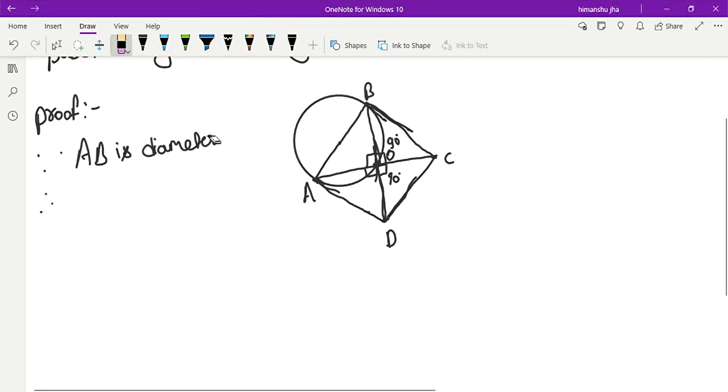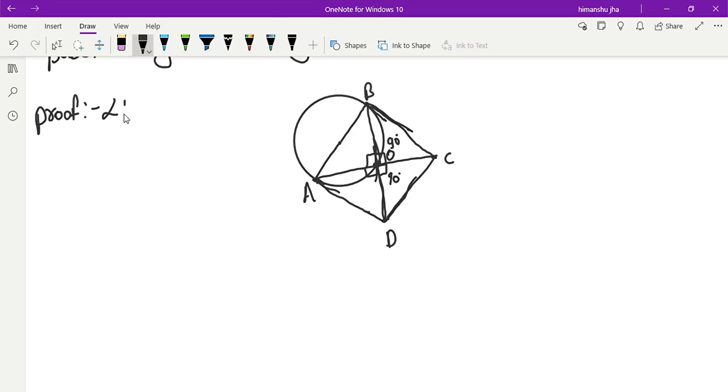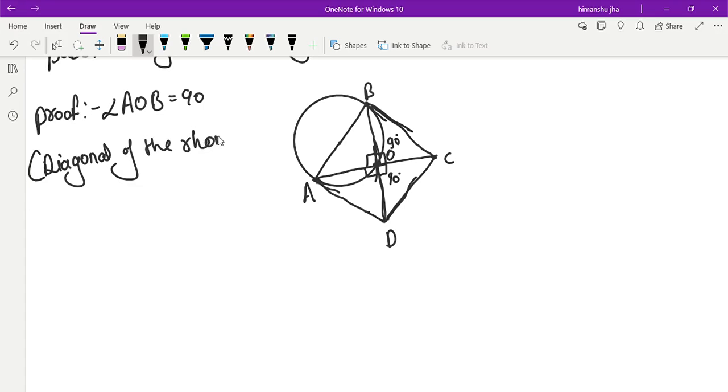I'll write it properly with the statement. It is a theoretical question, so no need to worry about it. Angle AOB is equal to 90 degrees, we already know, since the diagonals of the rhombus bisect each other at 90 degrees.